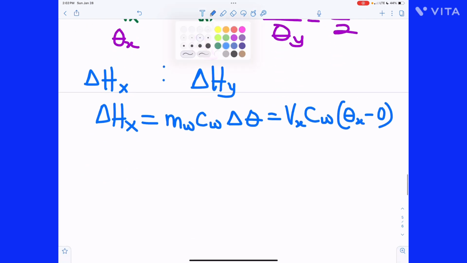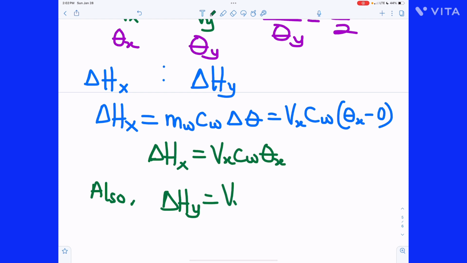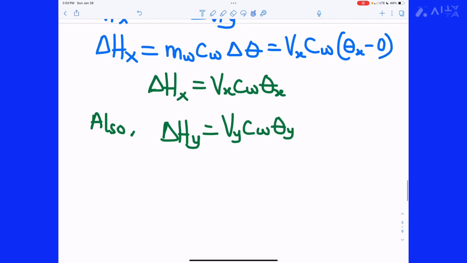So let's now write that in full. That means heat change in X is Vx times specific heat capacity of water times theta x. Also, heat change in Y will be Vy times specific heat capacity of water times theta y.